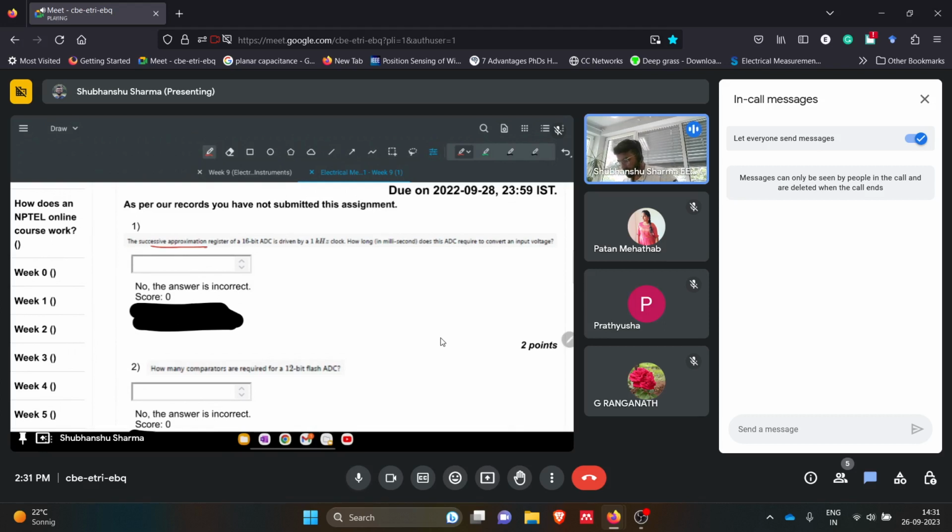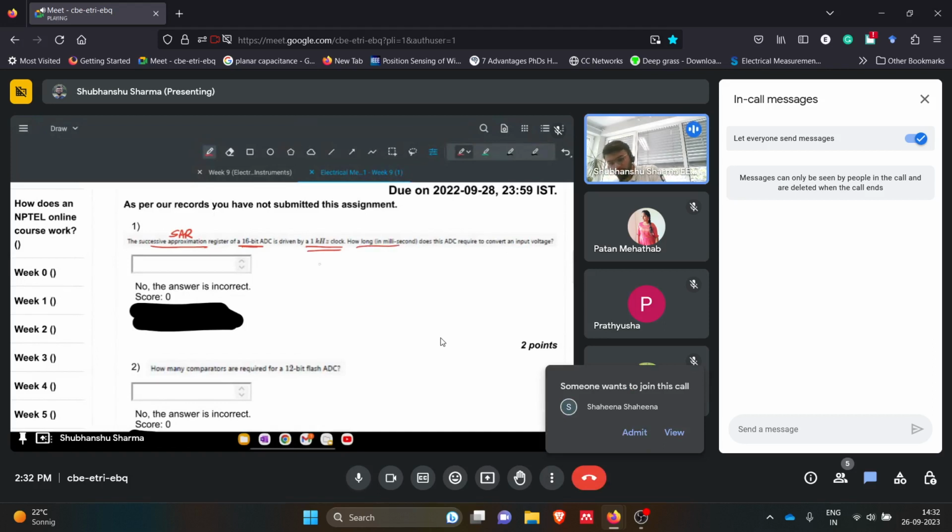They are talking about the SAR, successive approximation register, and one thing we have to keep in mind is that the number of bits is equal to the number of clock cycles taken by the SAR for conversion. We know there is this 1 kilohertz clock frequency given, and they are asking how much time it will take.